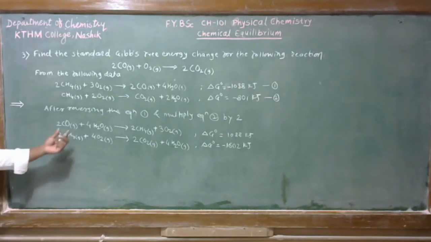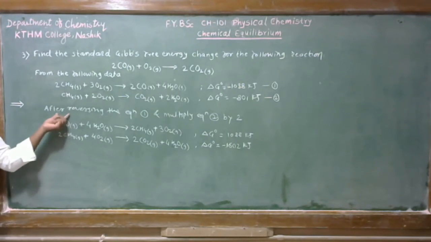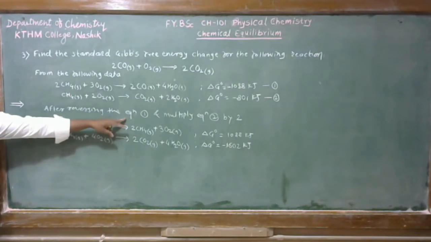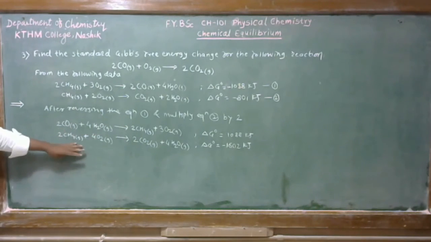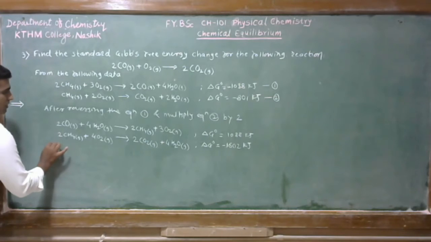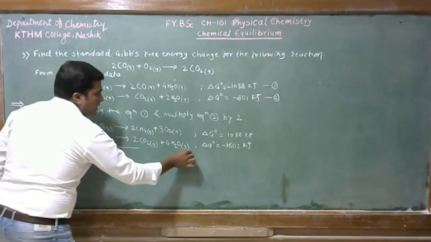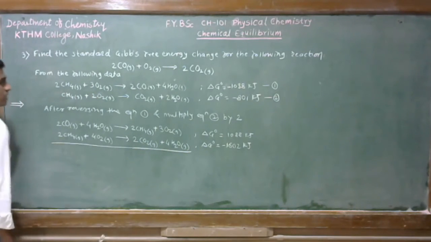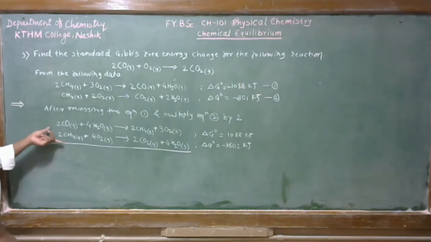Okay, so we have reversed equation number 1 and multiplied equation number 2 by 2, so we get these 2 new equations. Now we add these two new equations.